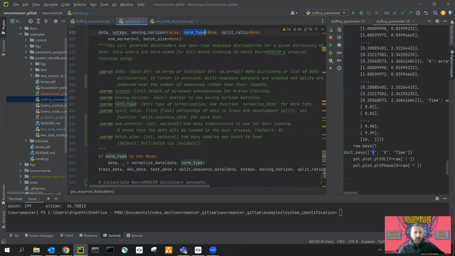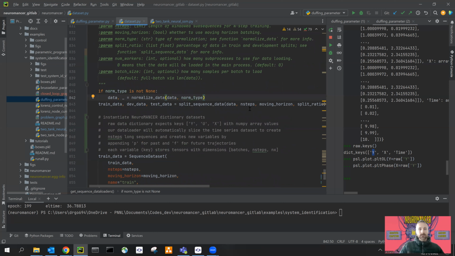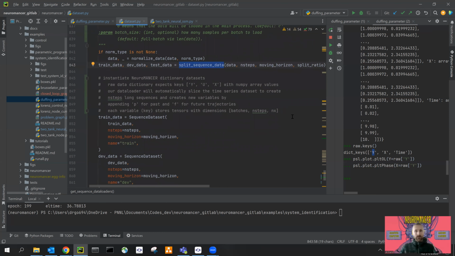So what happens in the sequence data loader is that you normalize the data if you select some normalizer function, then we split the sequence data into train, dev, and test set based on the split ratio. After we are done, we have these 3 raw data sets.